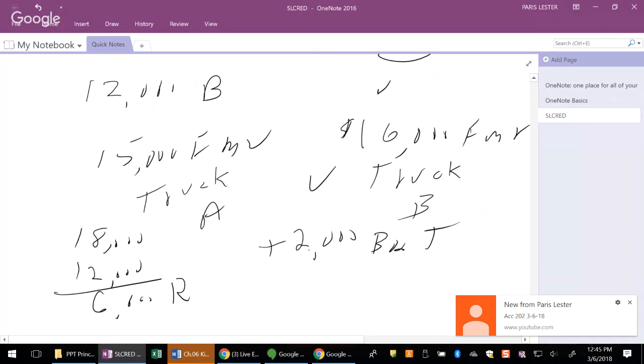But how much of that is recognized? Only the cash boot is recognized. $2,000 recognized, $4,000 not recognized. Now this is realized.